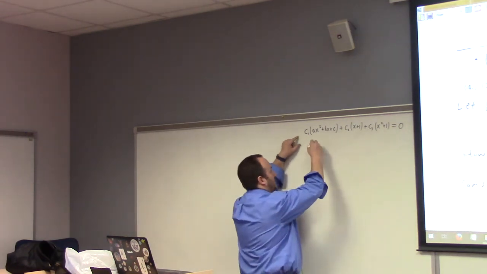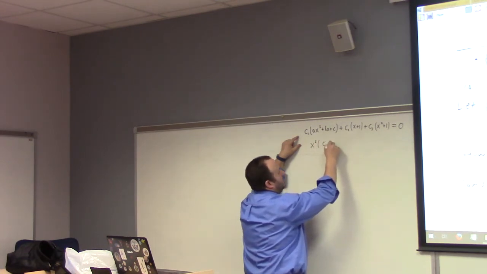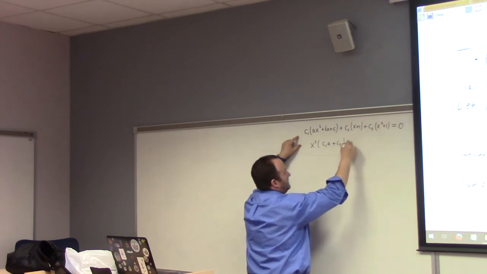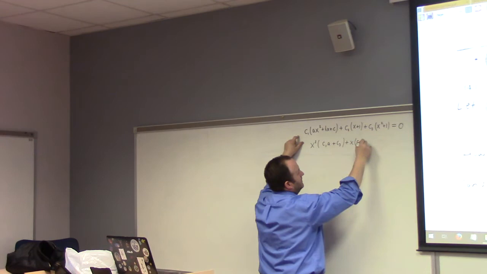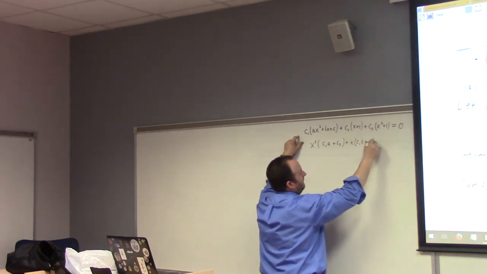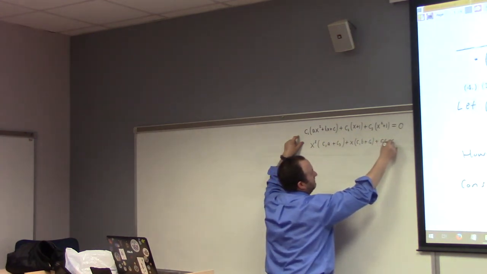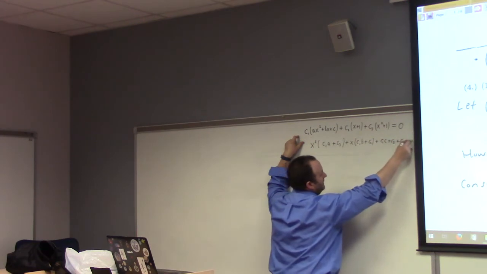So if you look at that, we've got x squared times c1a plus c3, right? And we've got x times c1b plus c2. And then the constant terms, we've got c1c plus c2 plus c3, right? All of that's equal to 0.